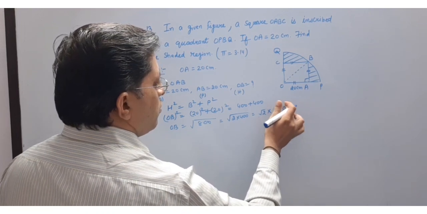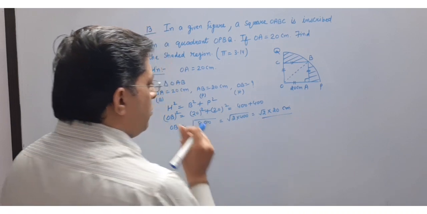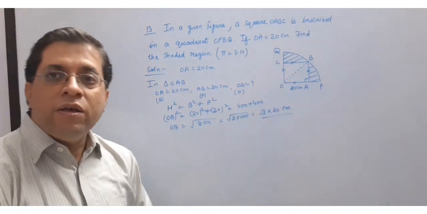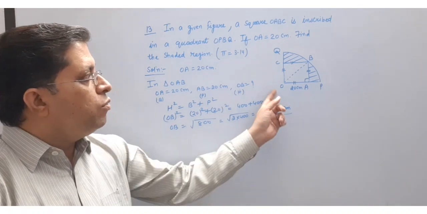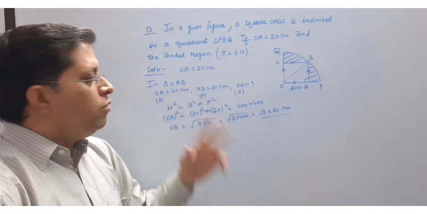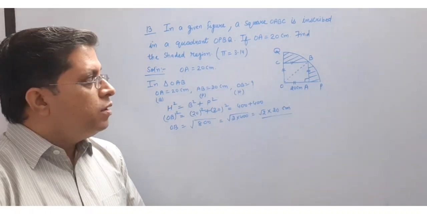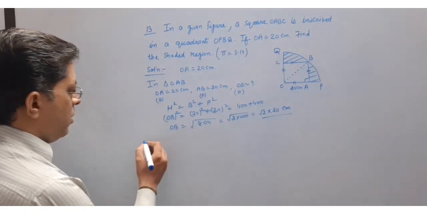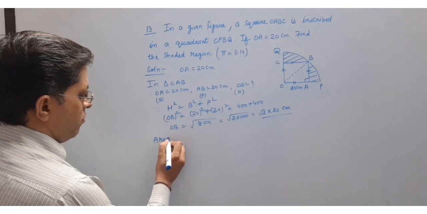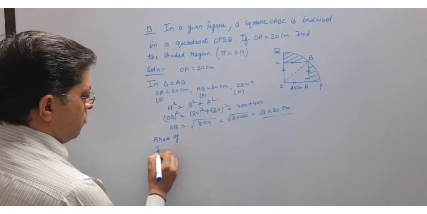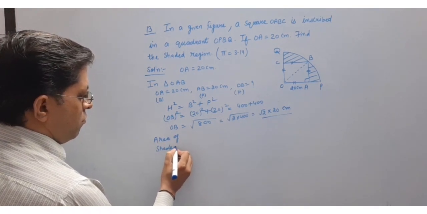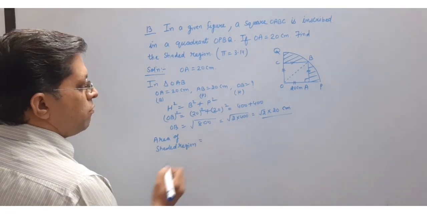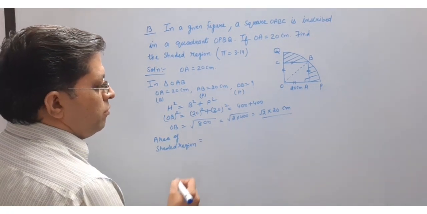This is the length of hypotenuse of this triangle. Triangle name is OAB. In triangle OAB, this hypotenuse you got it. Then area of shaded region.